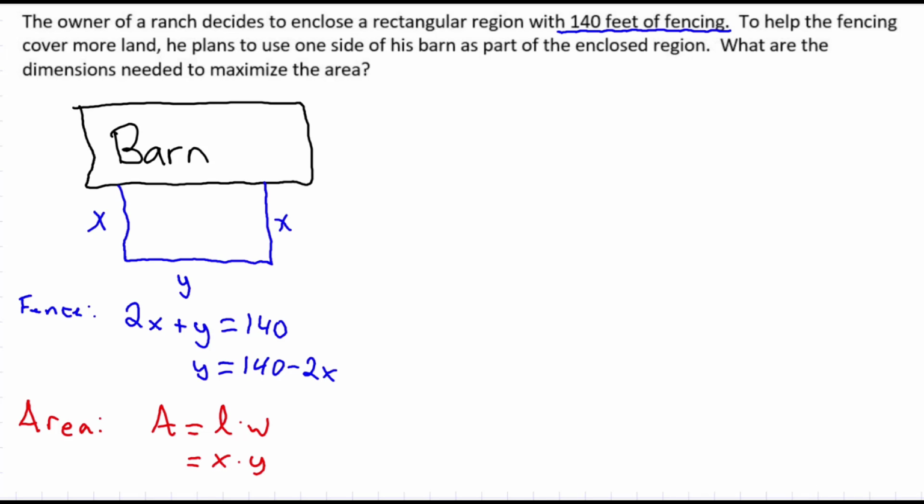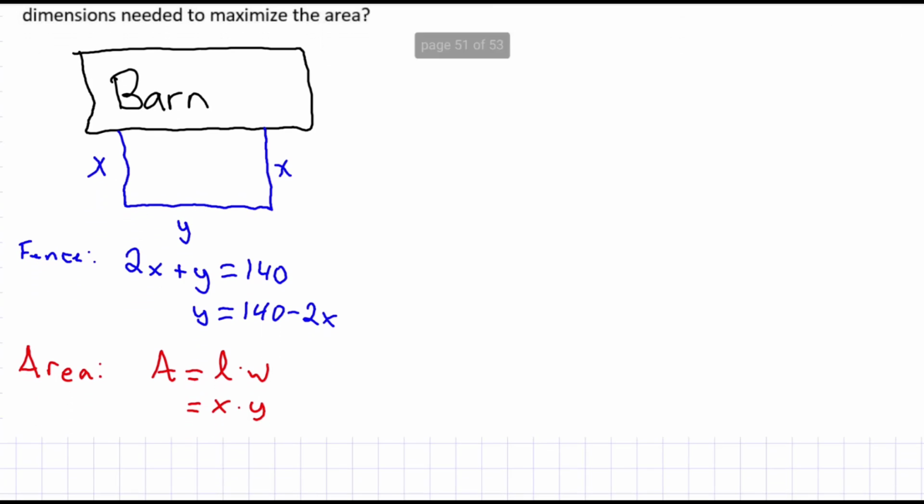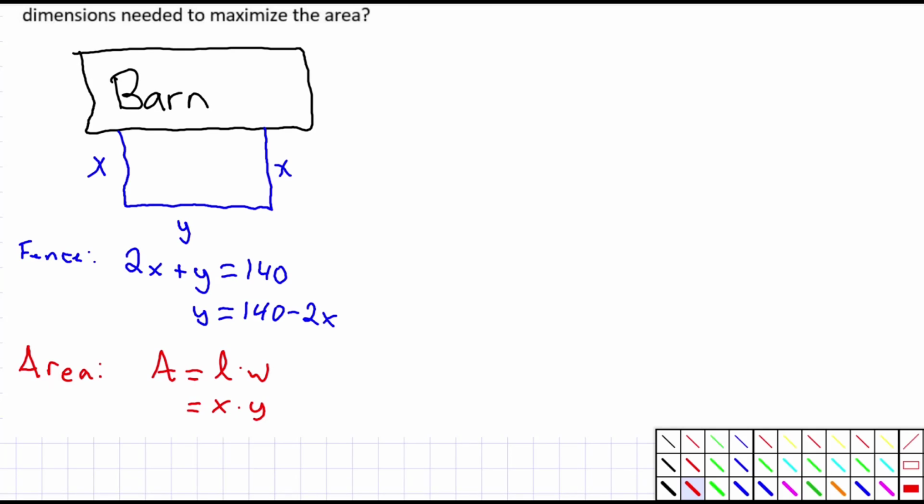But we also have a value for y. We know what y is, so we can just do a little quick substitution, and now we have the area is equal to x times 140 minus 2x. Perfect. Now, that's going to help us. We're going to be able to solve this problem now.